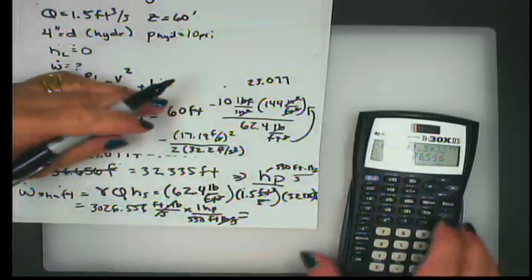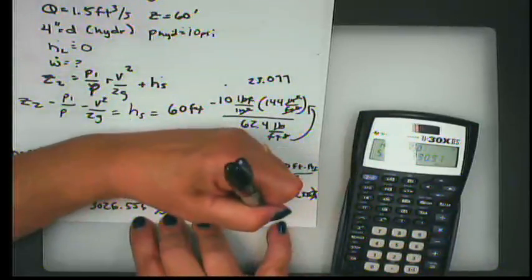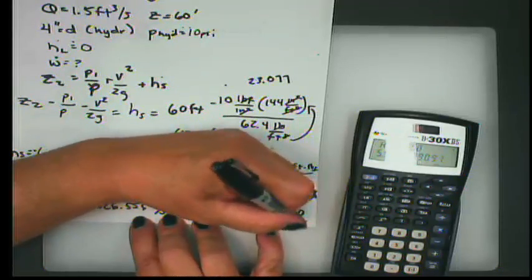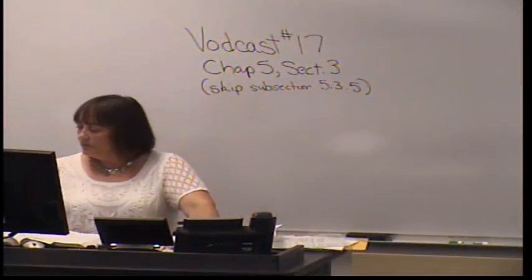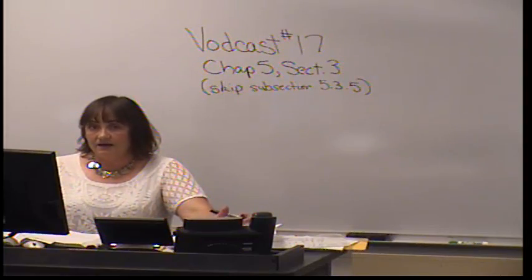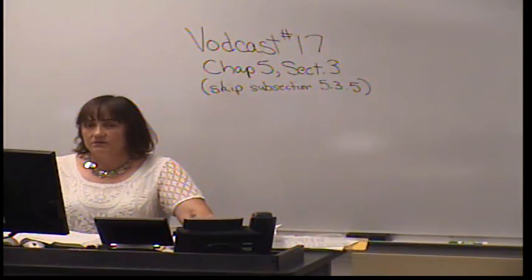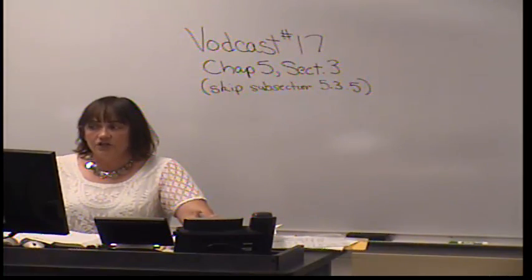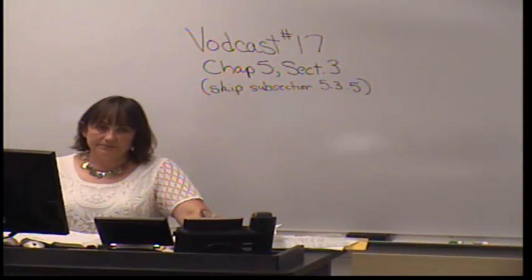If I take that number and divide it by 550, I get what I need out of my pump, which is 5.5 horsepower. In the real world, you would probably want a pump rated higher than 5.5 horsepower. If you had a 10 horsepower pump, you would be well on your way to being able to lift 1.5 cubic feet per second of water to a height of 60 feet.